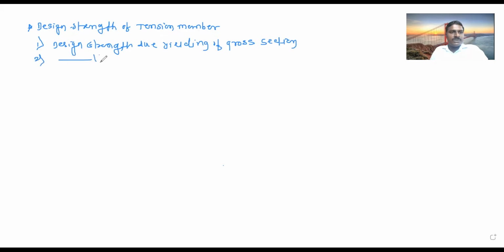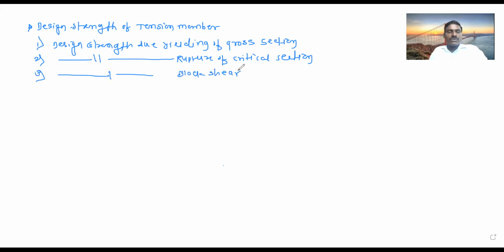Second is rupture of critical section. And third is block shear. Out of these three, we have covered the first, yielding of cross section. And we have also started the second design strength, rupture of critical section, or we can say net section.